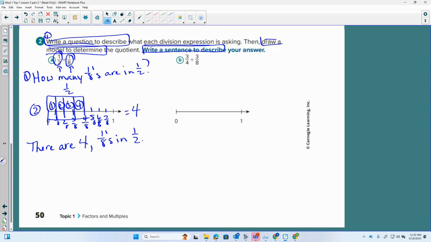Okay, so again, remember the top of my model is my dividend. What is it I'm dividing? In this case, it's 3/4. So the way I tend to do this, in order to help me break it down, I start with the half, and then I'm going to get to the fourths. So 1/4, 2/4, so 1/2, 3/4. So here is the top of my model. That is my 3/4. Now, because I'm dividing by 3/8, I'm going to put those on my number line as well.